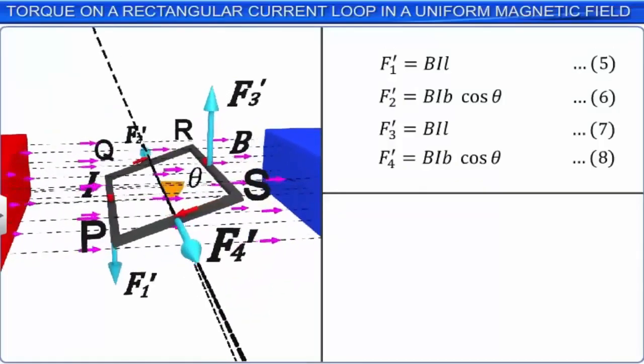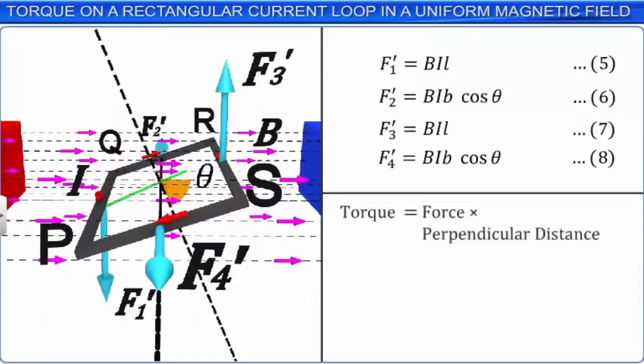The magnitude of torque due to F1' is equal to the product of force and perpendicular distance between F1' and the axis of rotation of the loop. Let D be the perpendicular distance between the force F1' and the axis of rotation of the loop.